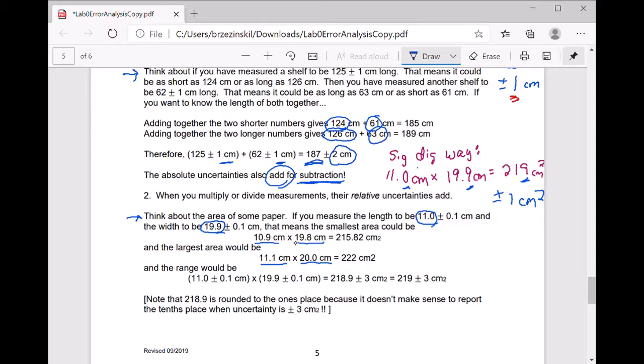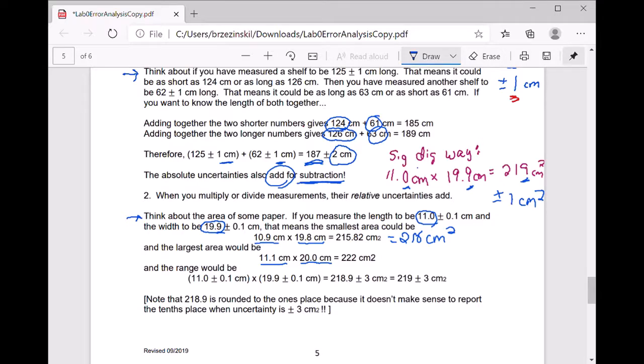So if both of our numbers should have been smaller, our area would be about 216 centimeters squared. I'll go ahead and round that to 3 significant digits. Or if they were both larger, you would get 222 centimeters squared.